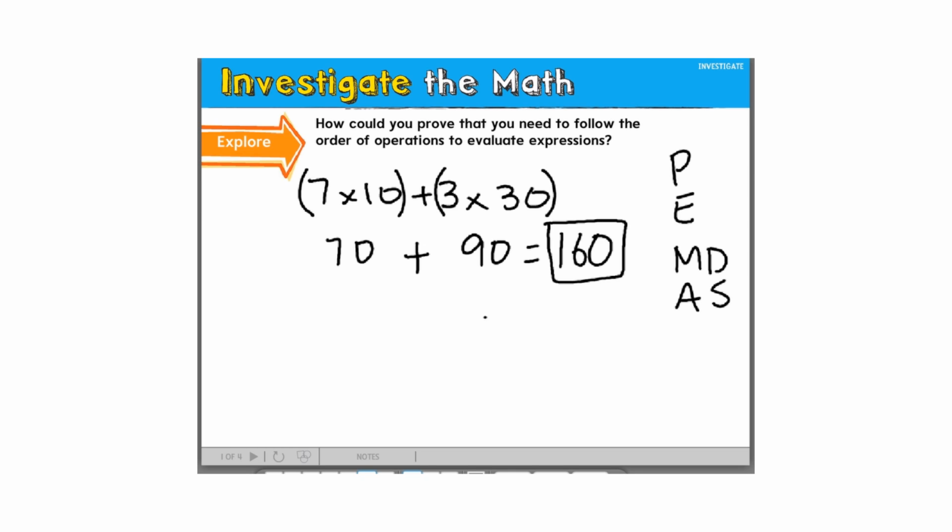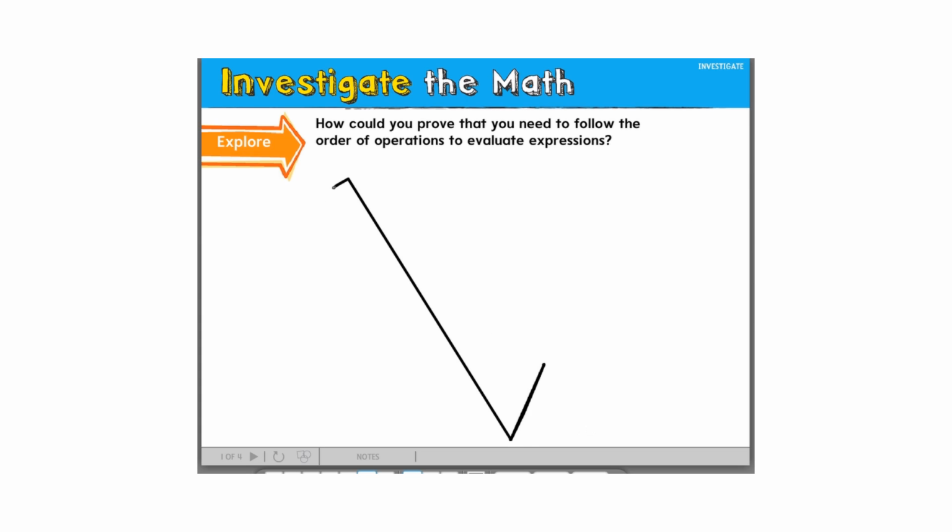So let's see what would have happened if we would have answered this in the wrong way. So don't write this in your notes. I just want you to see it. Go ahead and sharpen your pencil while I write this in. Okay, so watch. Yes, that's what we just did. Okay, watch this. What if we do this without using order of operations?